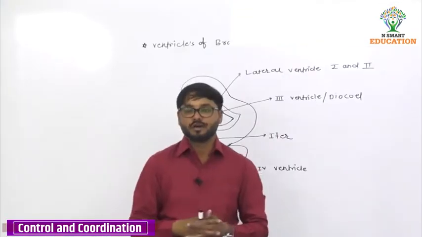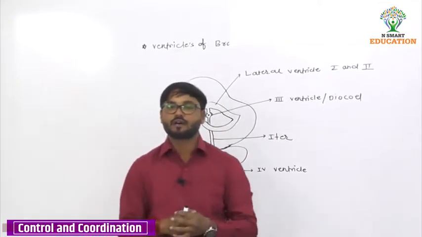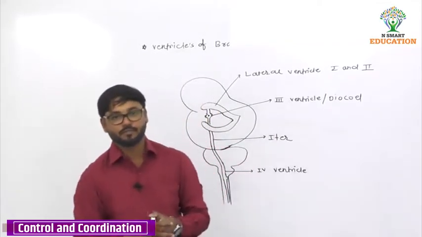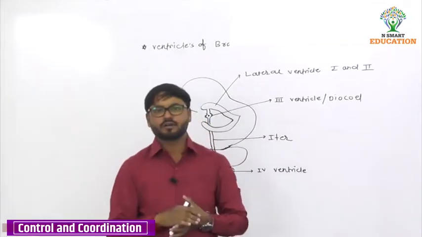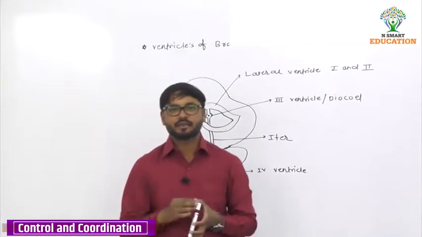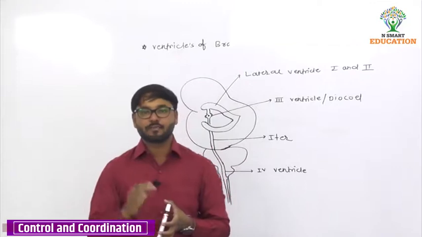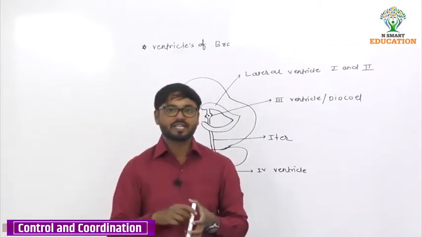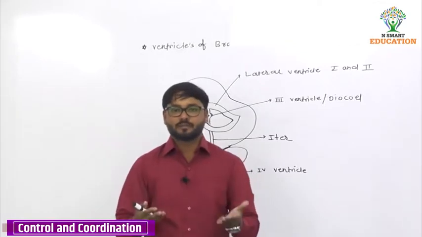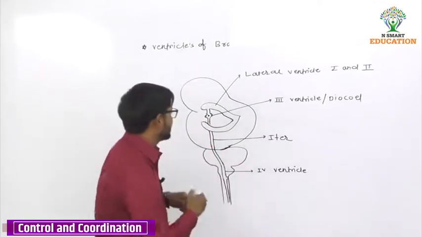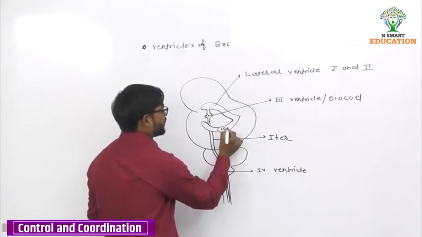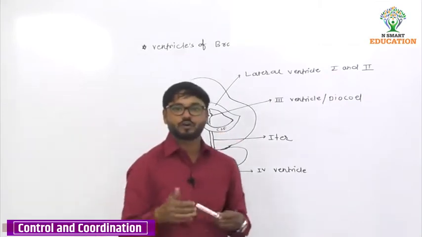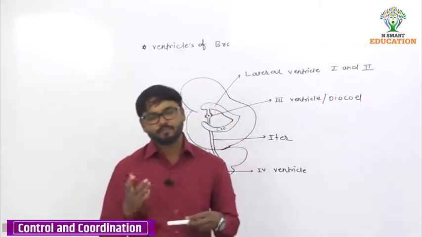Okay, now about the ventricles of the brain. You know the empty spaces in the brain are called ventricles. Some fluid is present there, that is CSF, which I already told you about.